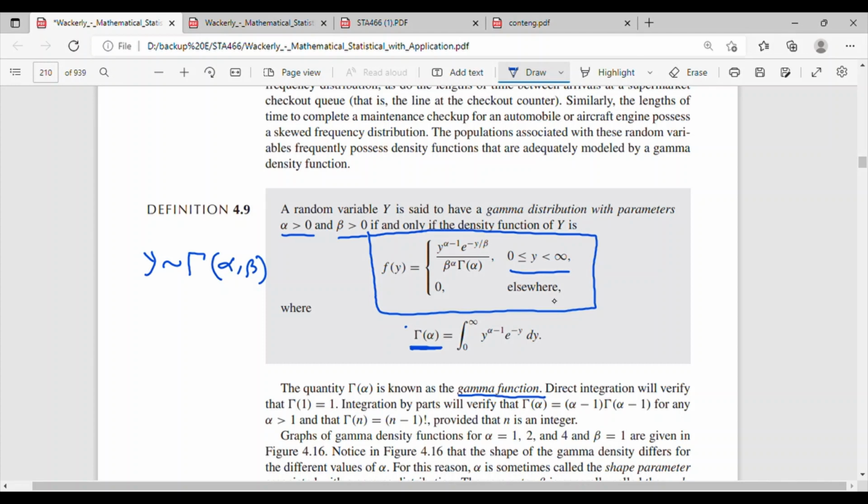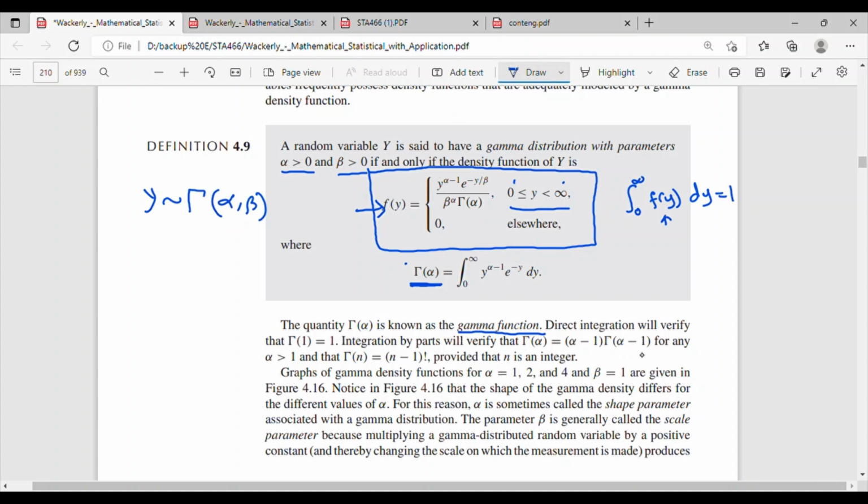This f of y is the gamma distribution. A property of a distribution is that when we integrate one valid distribution f of y with respect to dy, from 0 to infinity since our interval is from 0 to infinity, we get 1. So when you integrate the gamma distribution you get 1, but this part is called the gamma function.